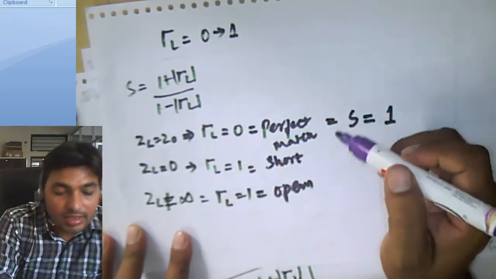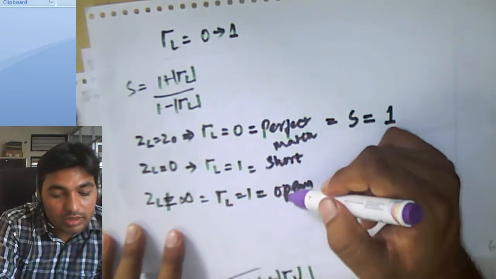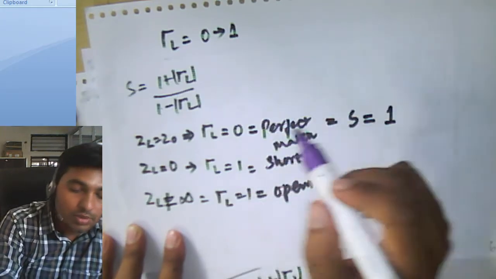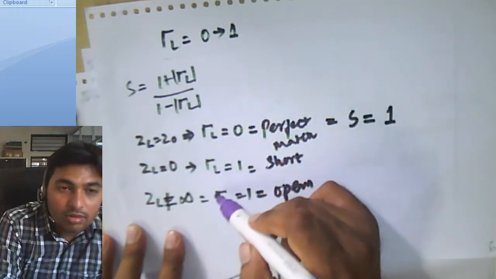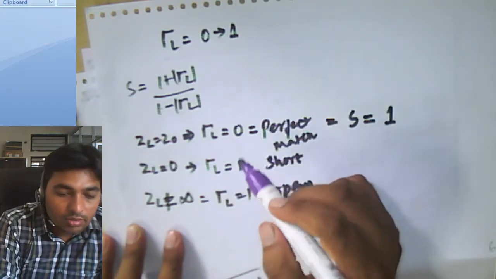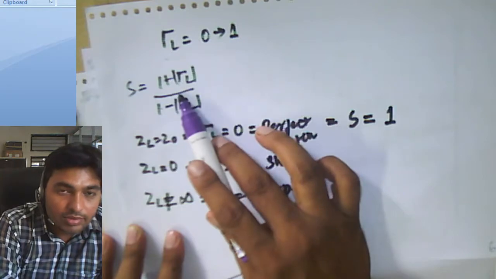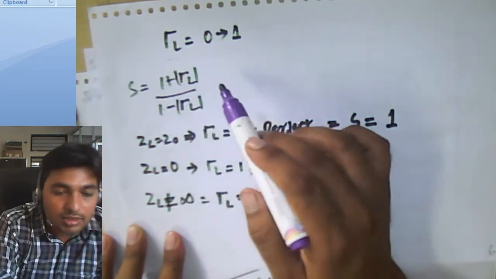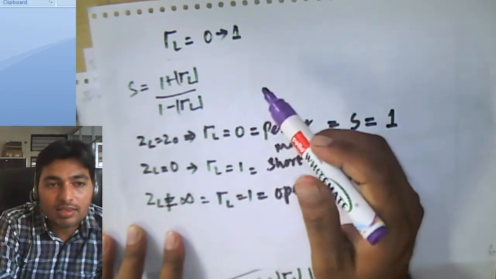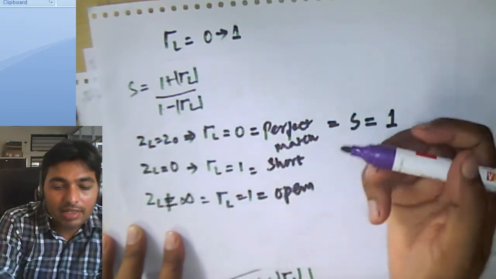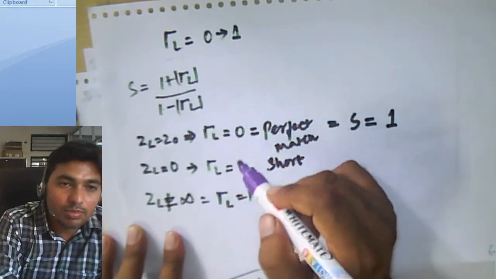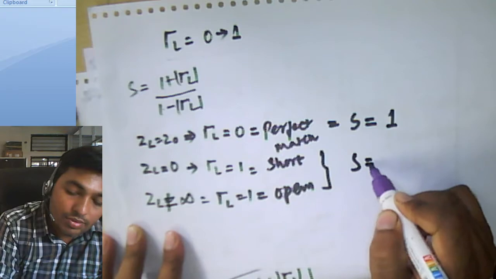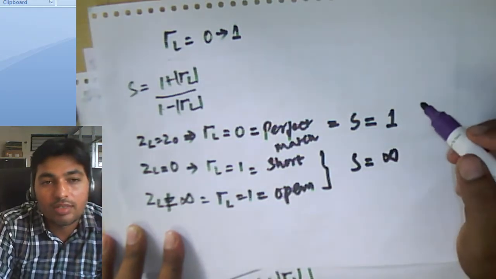While for short circuit and open circuit conditions, the reflection coefficient is equal to 1. Substituting this in the VSWR equation, we get 1 plus 1 divided by 1 minus 1, which is 2 upon 0. It means VSWR is equal to infinity.